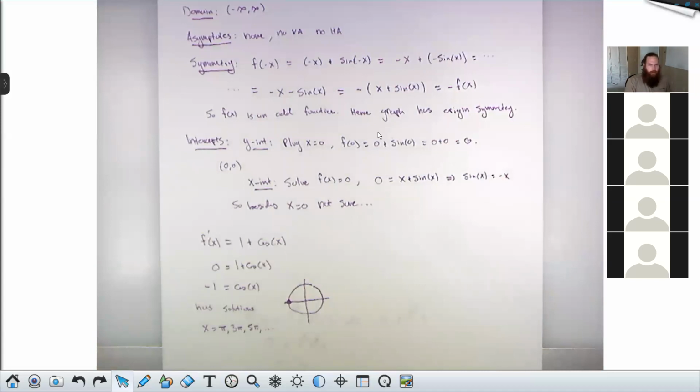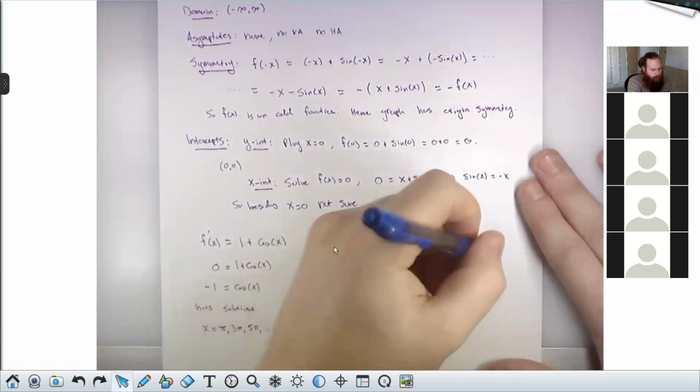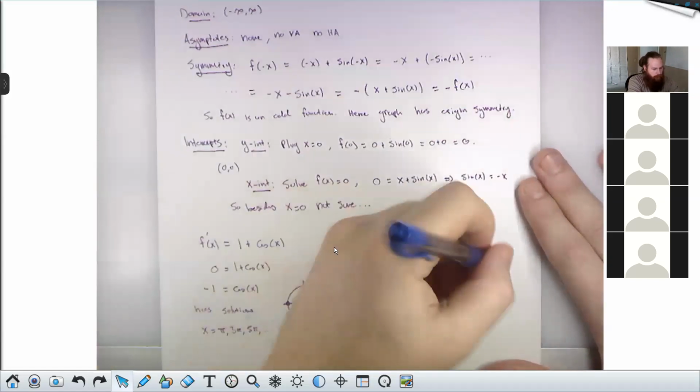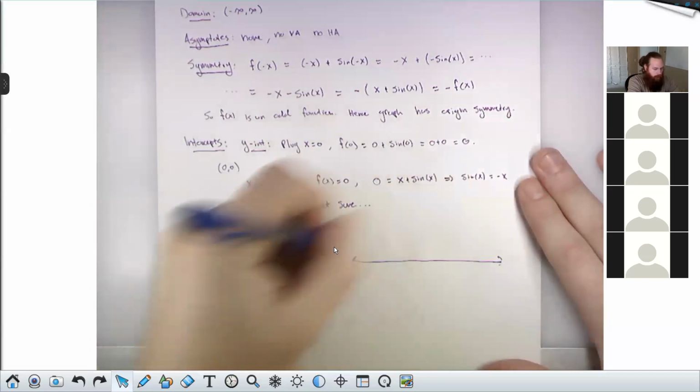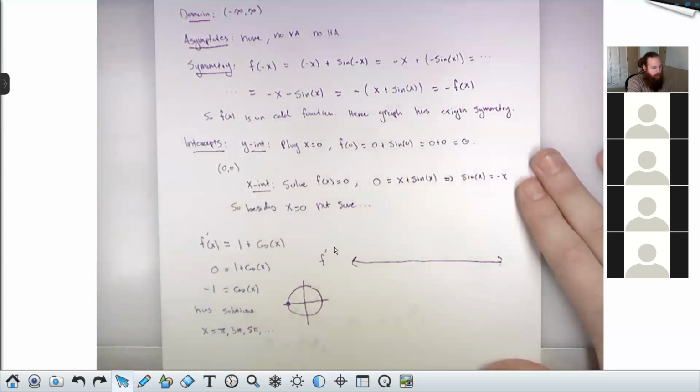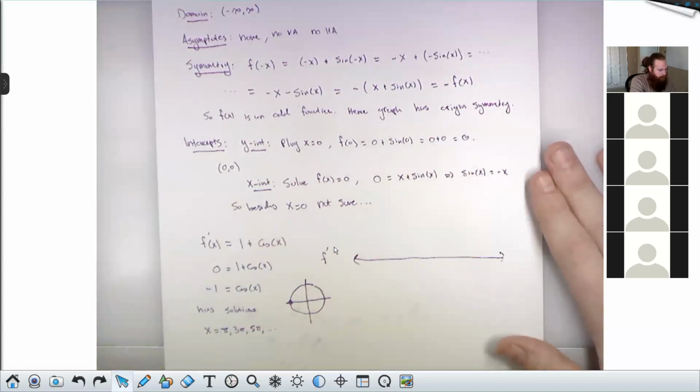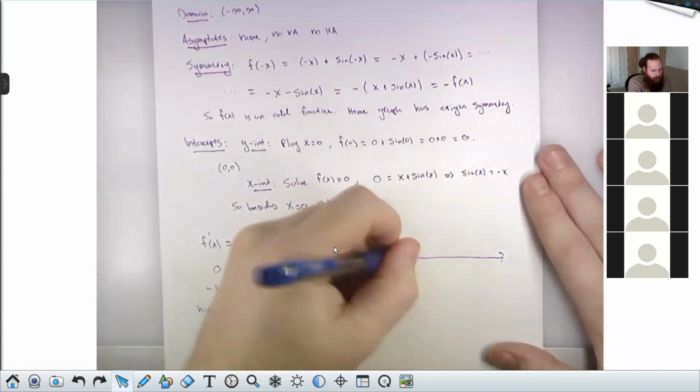Maybe I'll graph this thing from 0 to 4 pi and see if we can't get a feel using the symmetry. Or even just 0 to 2 pi. Let's go 0 to 4 pi, why not? So my number line for f prime will have pi.